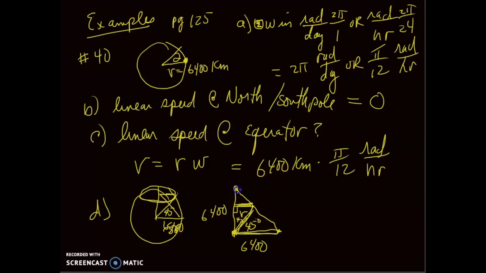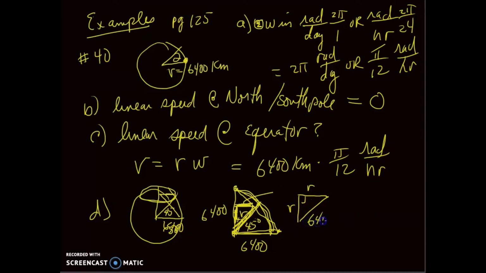This picture is a little misleading because this should be curved right here. That's part of a circle. But these 45s are the same. That means that this length and this length, which is the r that we need, are the same. So we've got a 45, 45, 90. The r that we want is the leg for this 45, 45, 90.